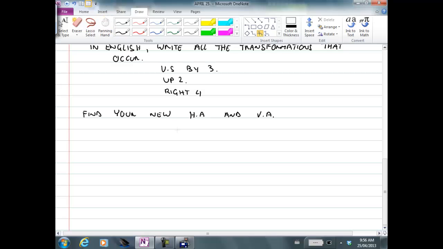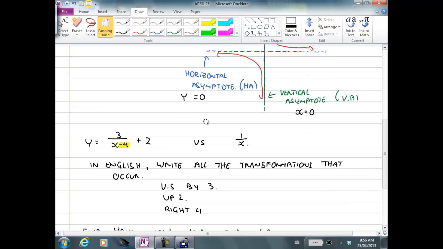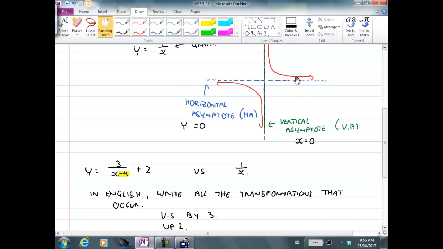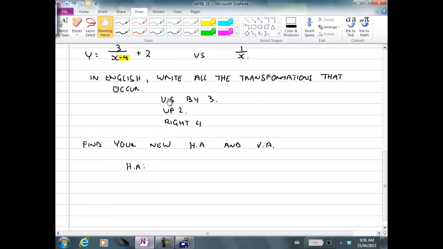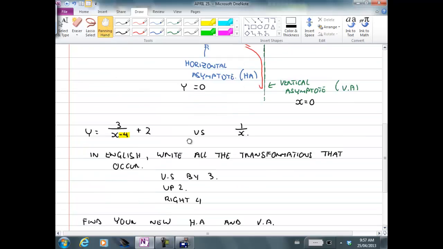So if I were to just sketch, let's start with my HA. My horizontal asymptote used to be at 0, right here. Dominique, take a guess what the new horizontal asymptote is going to be. Well, y equals 2 is correct. The reason why is you're shifting up 2.